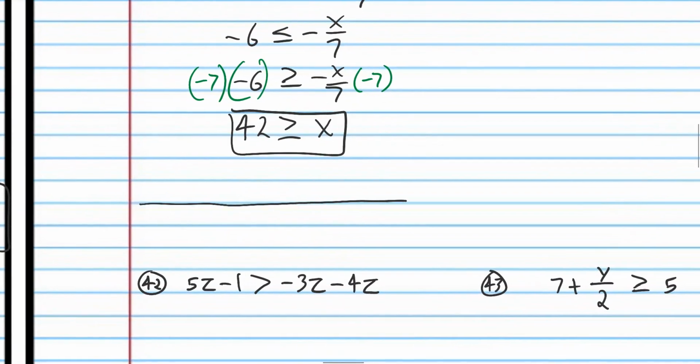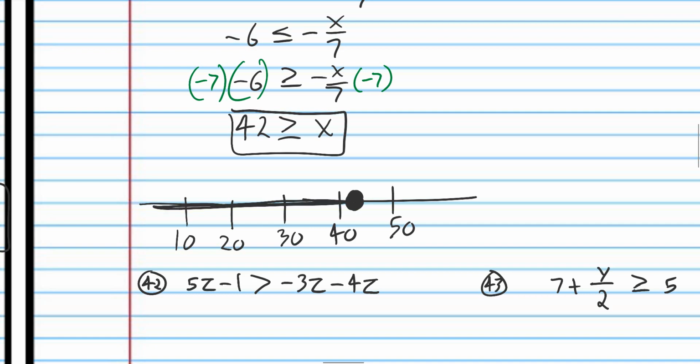Let's graph it. 42 is roughly here. Seems like we're getting a lot of numbers with 2's on them. And we shade that in because it's x is less than or equal to.